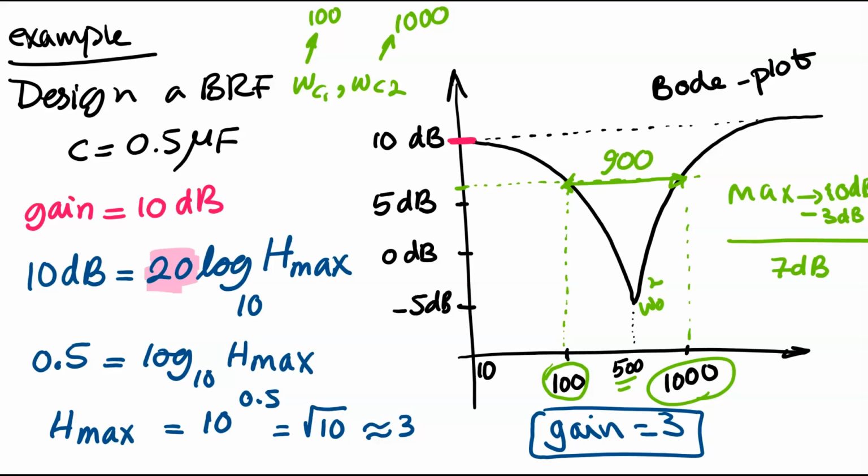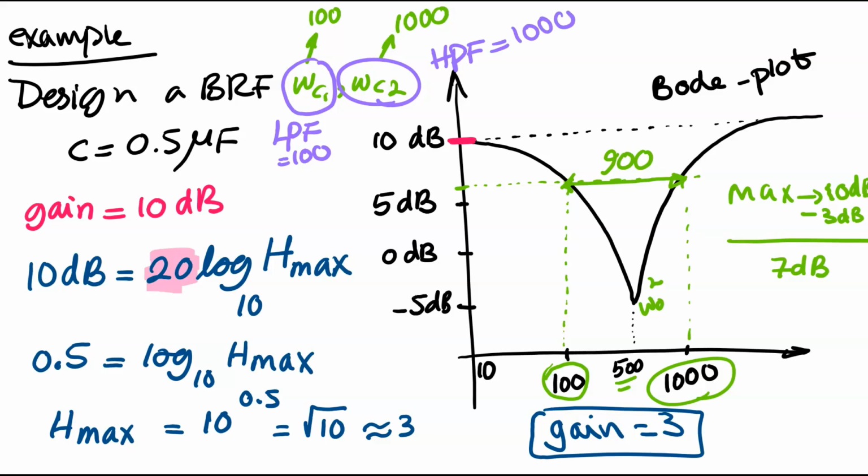It means that the smaller cutoff frequency is going to be the cutoff frequency of your low pass filter, so the low pass cutoff frequency is equal to 100. And your high pass filter has a cutoff frequency equal to the higher cutoff frequency of the band reject filter, which is 1000.